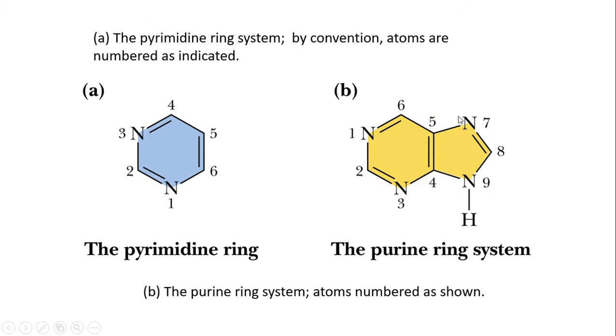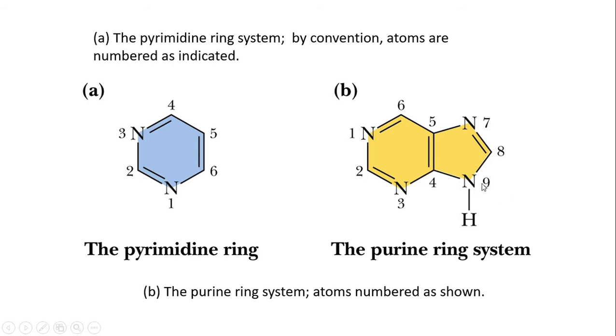These are the structures of the basic ring systems. They are bases. The pyrimidine ring is a 6-membered ring that contains 2 nitrogens. It's planar. However, the purine ring is slightly puckered between the imidazole and the pyrimidine portions.